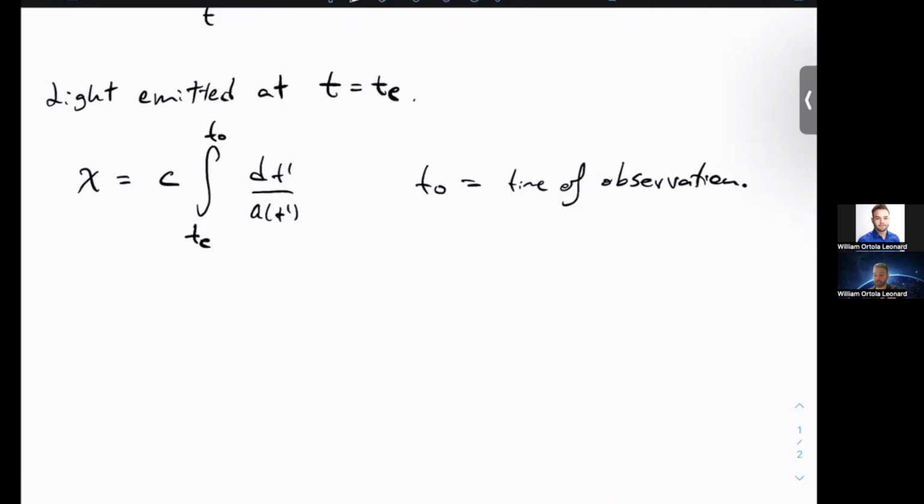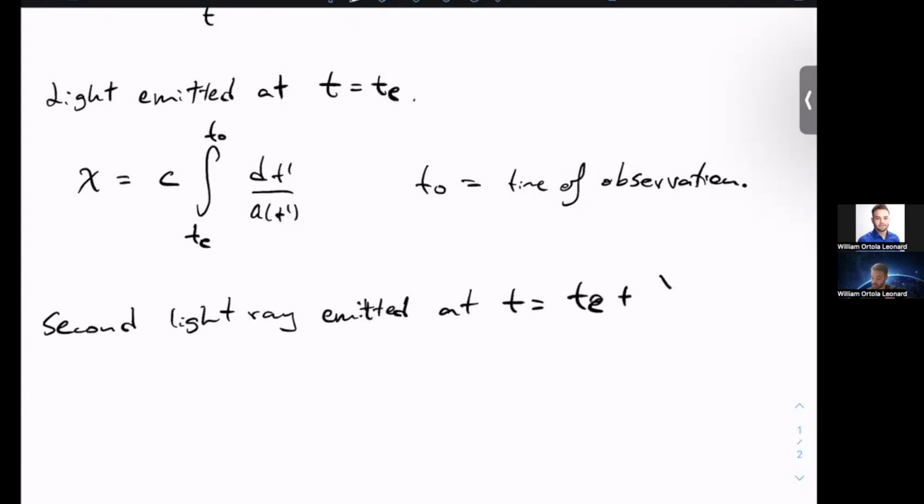Because it has some wavelength, which we're going to call lambda E, and it's traveling at the speed of light, the second light ray is going to be emitted at time equals t_E plus lambda E over the speed of light, right?